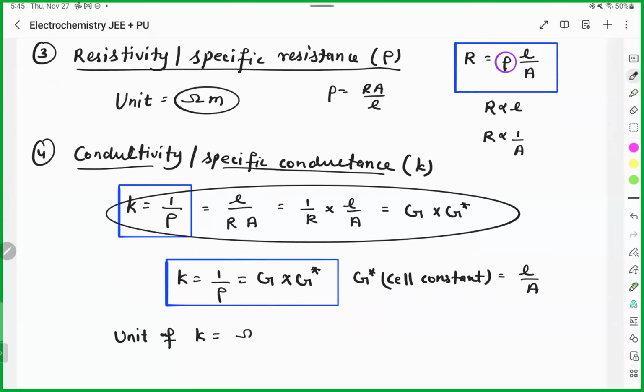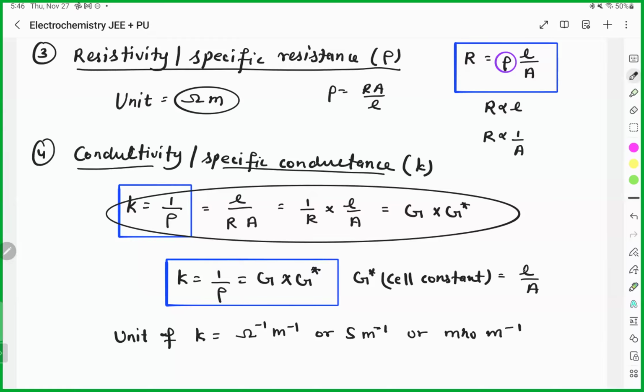So you can take per ohm and per meter, or you can say Siemens per meter or mho per meter, right? Because as you mentioned, Samarth, you will face an issue with the unit at a later stage, not now.